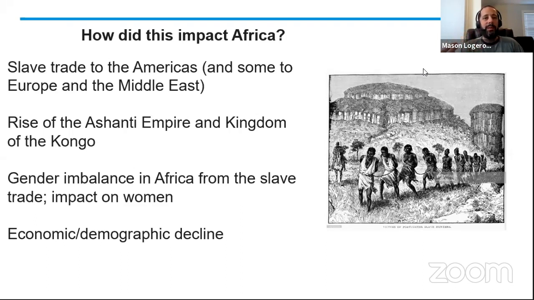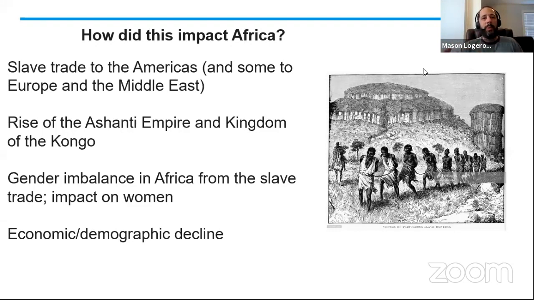Also consider that most of the people that were enslaved were usually pretty young. So if you have someone who's say 20, 25 years old, who's now being forced to go to the Americas, well, that's someone who is going to be working for the next several decades. So now the place that they came from is missing out on a bunch of economic production over the next several decades, and it's been taken from them.